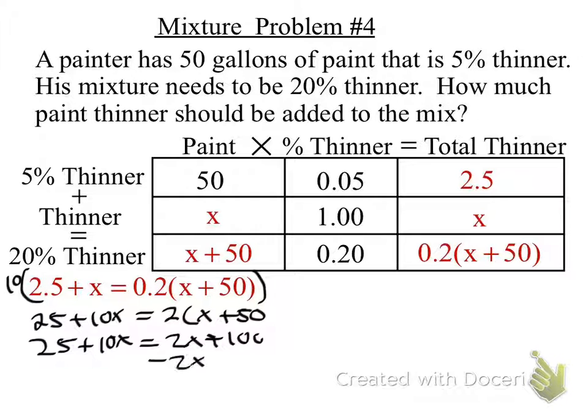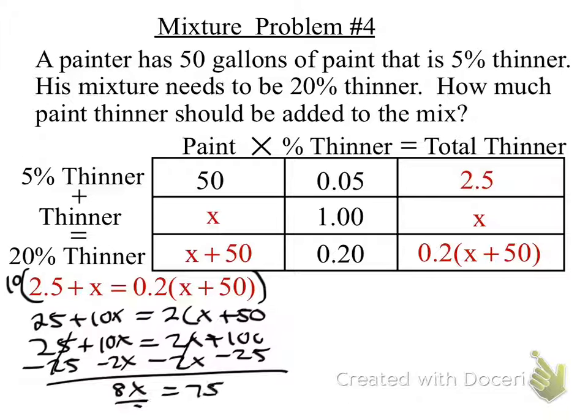Minus 2x, minus 25, minus 2x, minus 25. We get 8x equals 75.